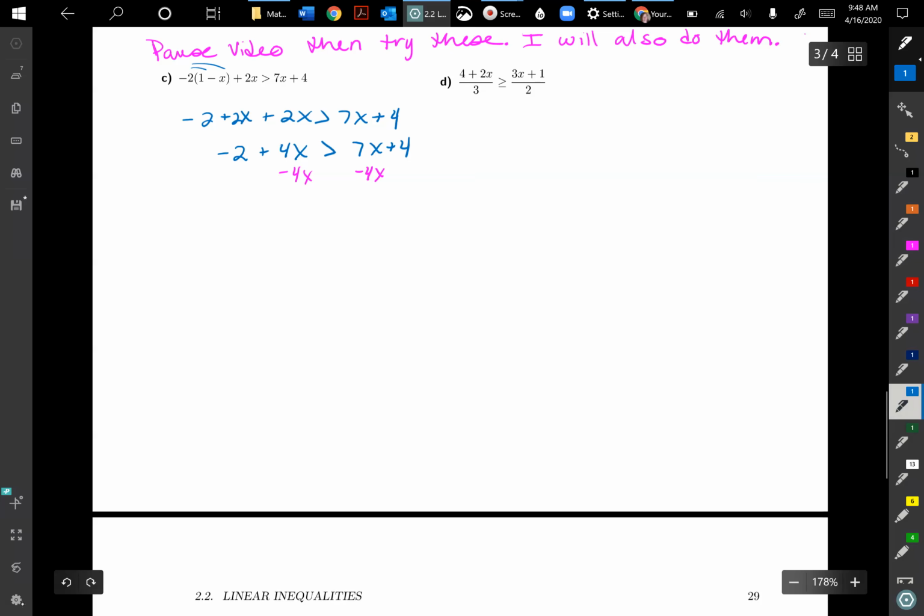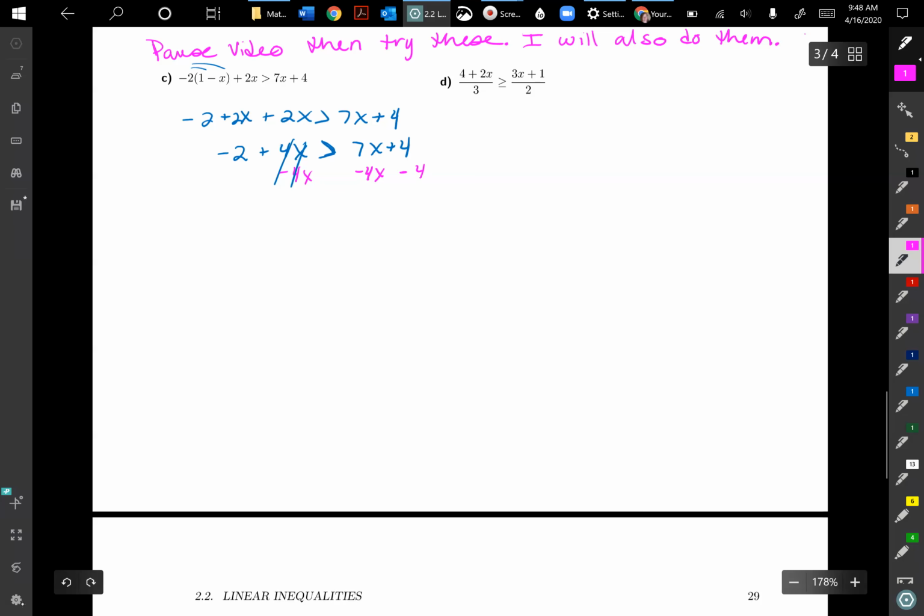Doesn't really matter which direction you go first, as long as you get it as a variable term equal or greater than a number, and then you do the division process. So I'm going to do that first here, and that will end up getting rid of that. Then in the same line, because I'm going to start having you streamline a bit, I need to get this 4 off the right hand side.